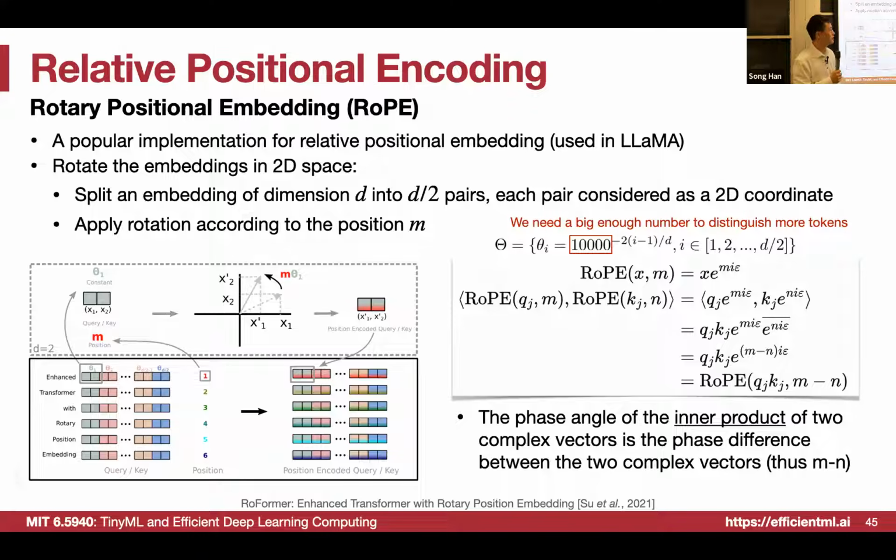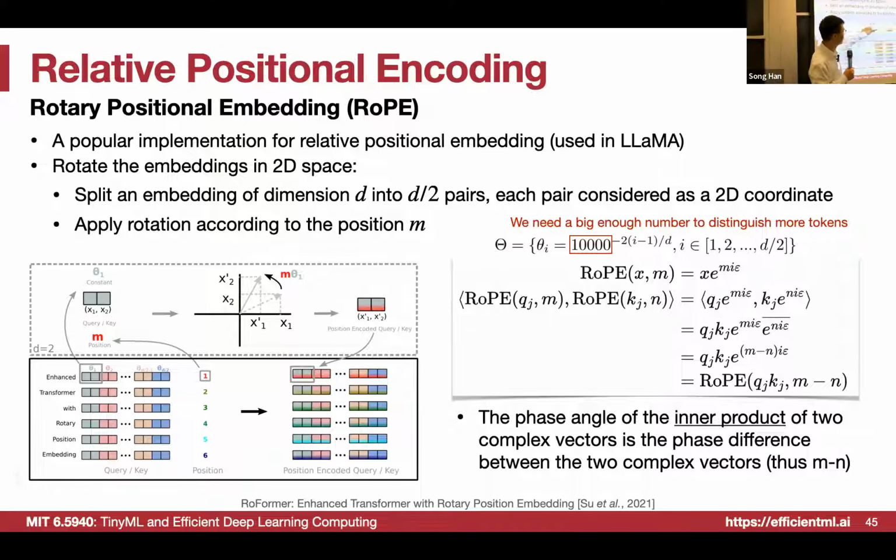And how do we define the theta here? It's 10,000 to the power of -2(i-1)/d. And why do we need 10,000 here? We need a big number to distinguish more tokens. If you rotate by 2 pi, you go back to the original value and you cannot distinguish them anymore.